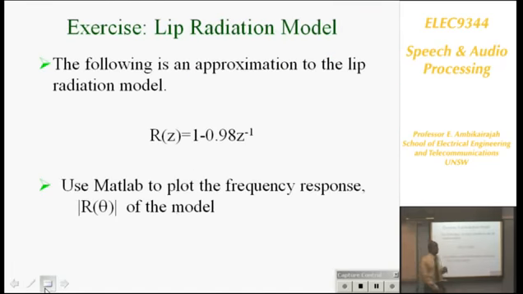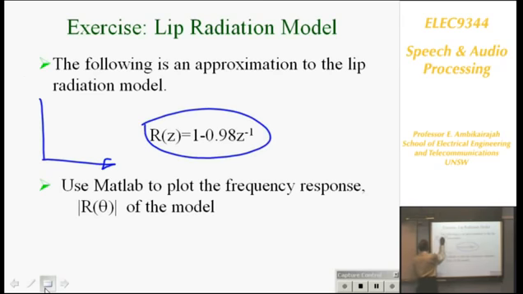So, next question is a lip radiation model. People have worked out the model. It's a differentiator. It's a high-pass filter. And the lip radiation model is like that. If you look at R(theta), theta is the digital frequency. If you plot this, it will be like this.